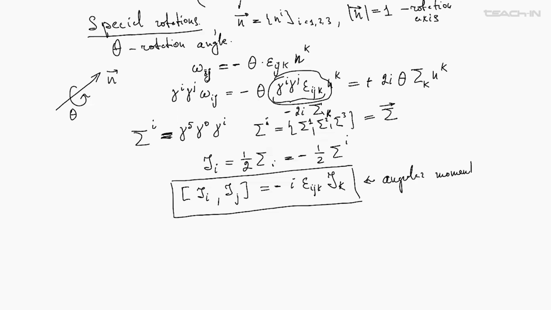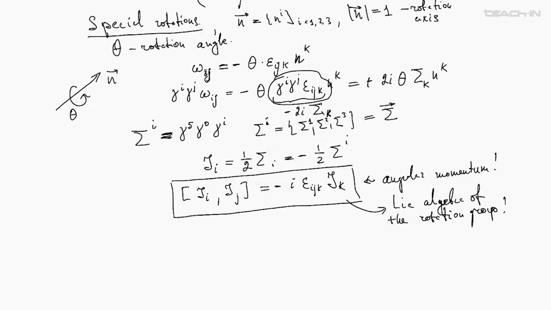On the other hand, you know that this commutation relation for angular momentum is nothing else but the relations of the generators of the Lie algebra of the rotation group. So you take these matrices J^i, perform this commutator, and you see that this algebraic relation is satisfied.